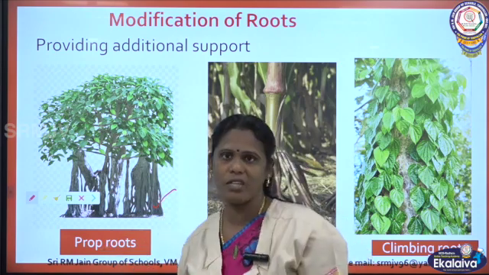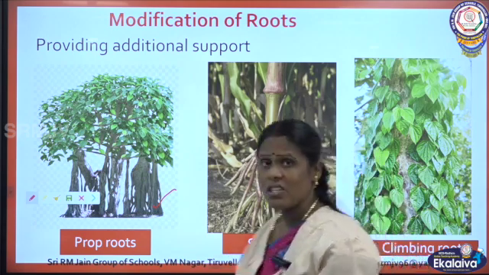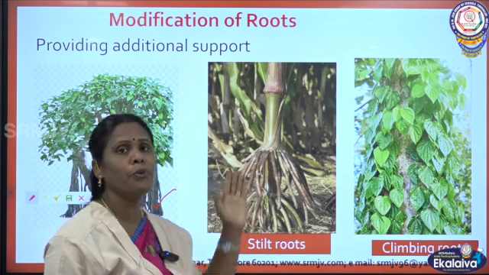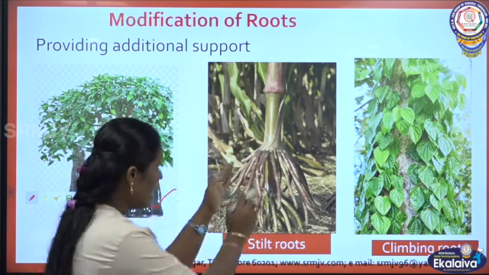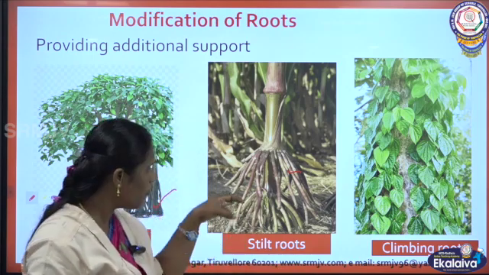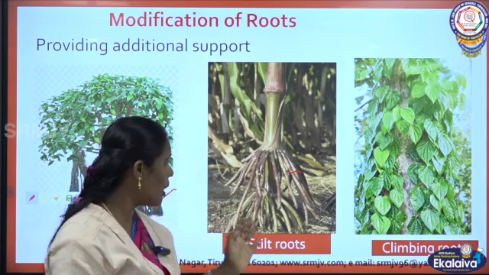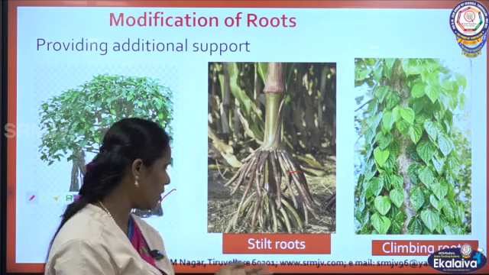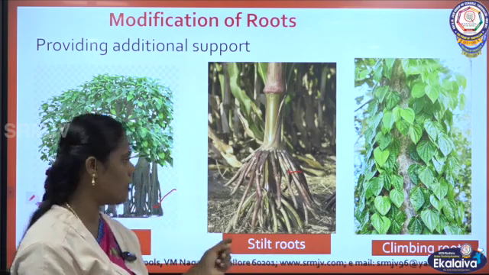Example, banyan tree, right? Next, stilt root. This root appears from the first few nodes of the stem. You see, it appears here. It also enters into the soil and gives support to the plant. Example, sugarcane, that is stilt roots.